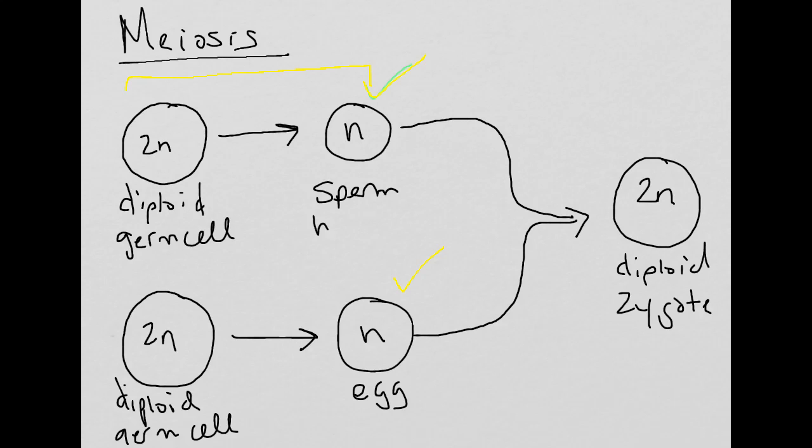Haploid has half the number of chromosomes. We want to do that so that when the egg and sperm come together, we end up with a diploid cell again, and therefore the offspring has, chromosomally, the same number of chromosomes as the parent cell.